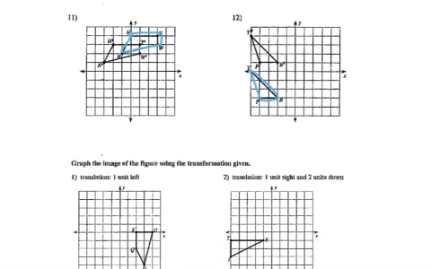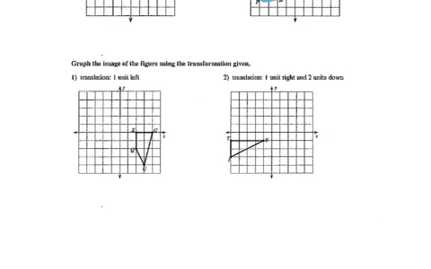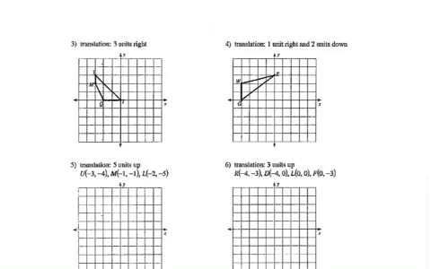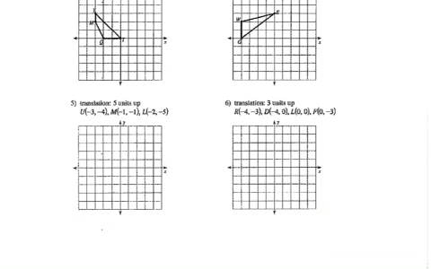For question 1 and 2, you are just going to graph those following the translations that are given. For 3 and 4 on this page, you're going to do the same thing. You're going to graph them following the translation. I am not going to make you do 5 or 6 on that page.